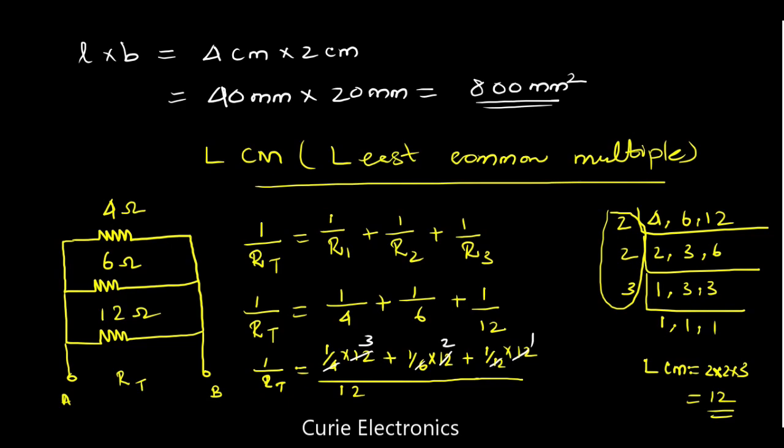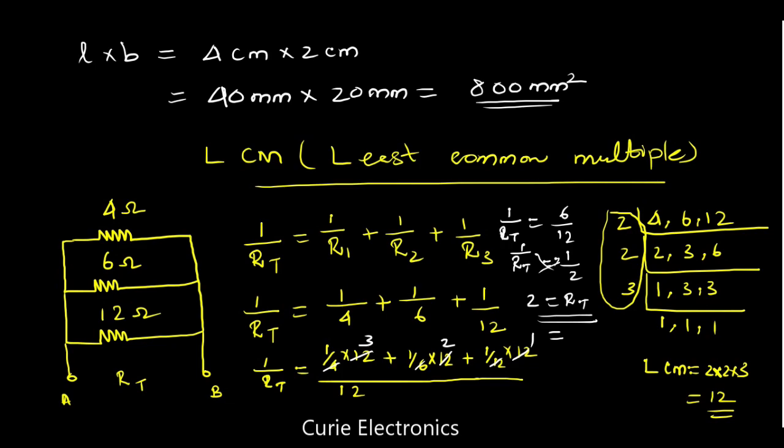So when you simplify, 1 upon RT you will get as 3 plus 2, 5 plus 1, 6, 6 upon 12. So 1 upon RT equals 1 upon 2. Now if you do the cross multiplication, you will get 2 equals RT. So what is the equivalent resistance? 2 ohm is the equivalent resistance.